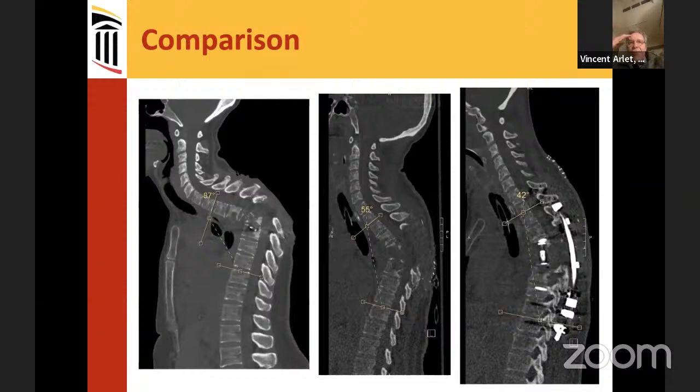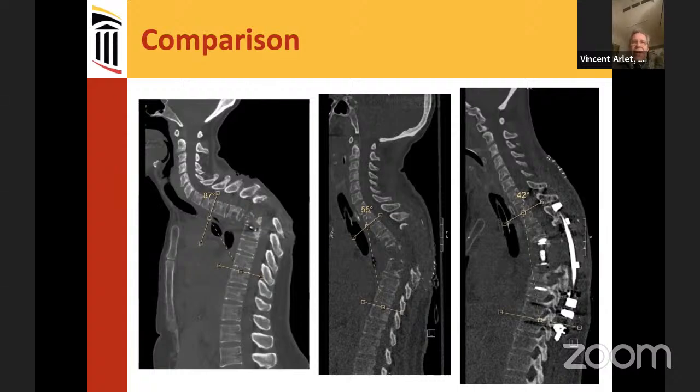So you don't have to go with the Mayfield attachment, which is a little bit nerve-wracking when you have to get somebody to undo the Mayfield and crank the table. You control everything yourself with the system. You don't need anybody to unscrub; you just grab the halo, manipulate the head, and at the end of the case, when all the instrumentation is put in, you just remove the halo.